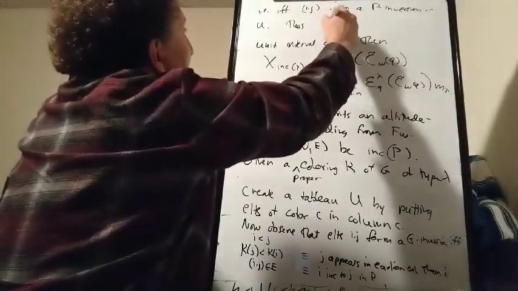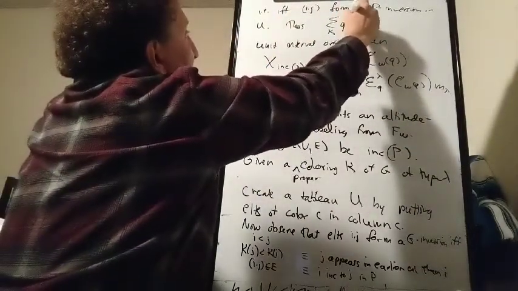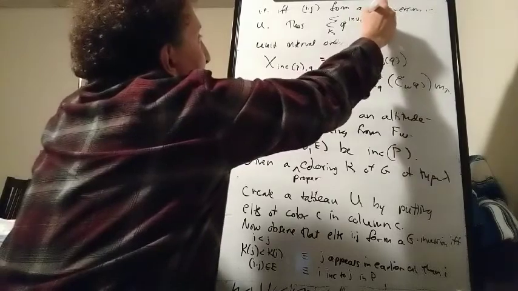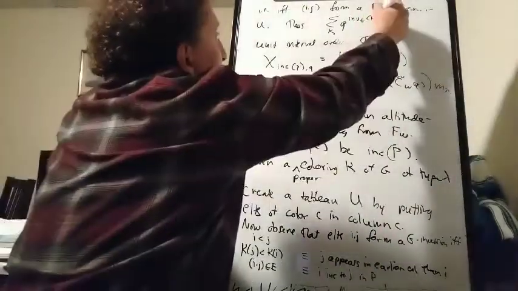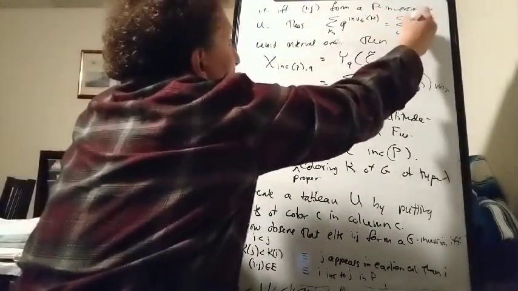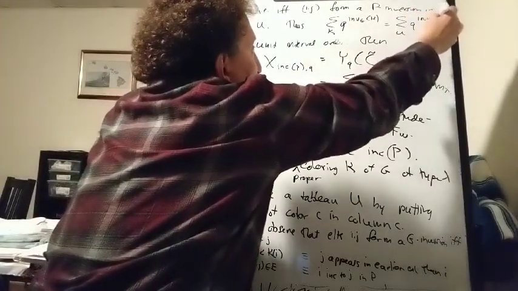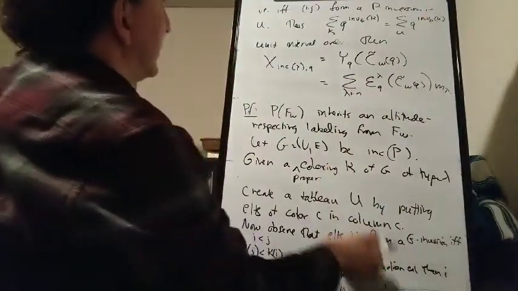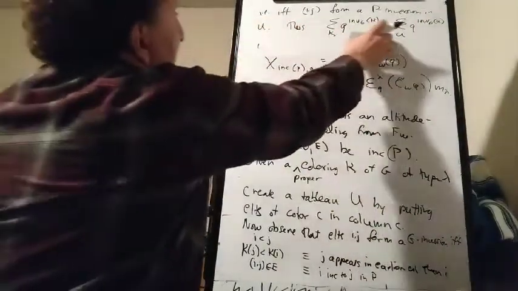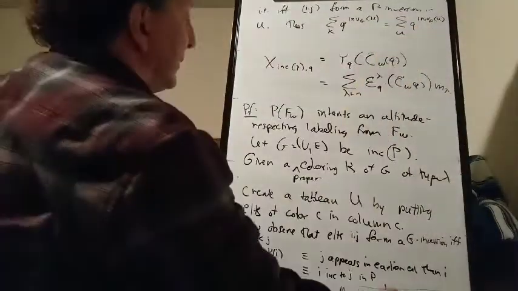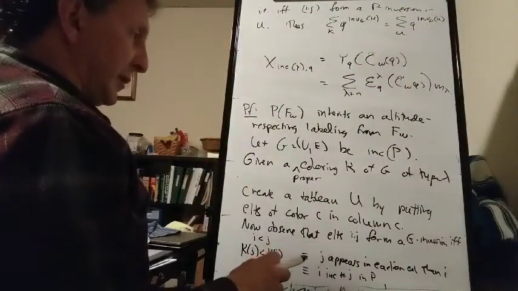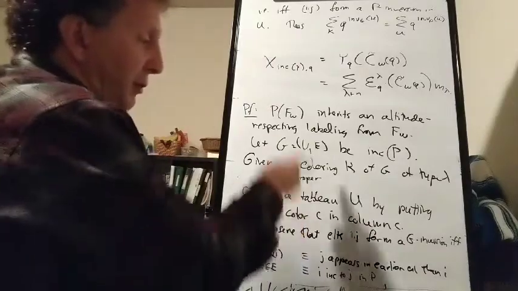So that means that the sum over colorings of q to the number of G inversions in the coloring equals the sum over tableaux of q to the number of P inversions in the tableau. And if we're putting all the elements of color C in column C, we might as well put them in increasing order.